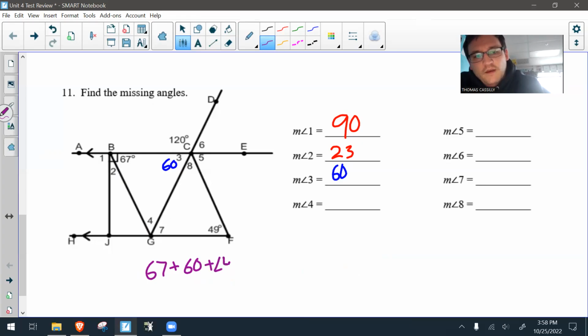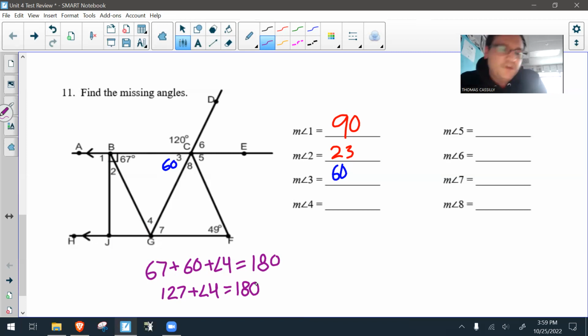We proved that. That was one of the first things we proved in this unit. So if you don't believe me, go back, look through your notes, and confirm for yourself. But anyways, we know angle 4 has to be that missing piece that gets us up to 180. So 127 plus, that should be 43.